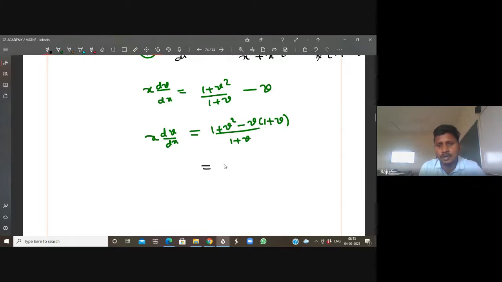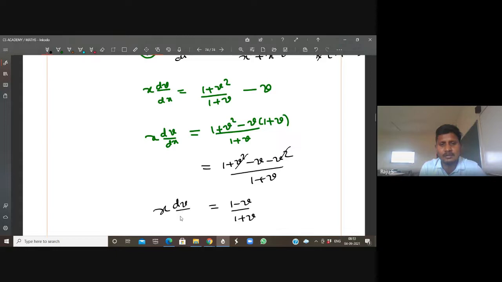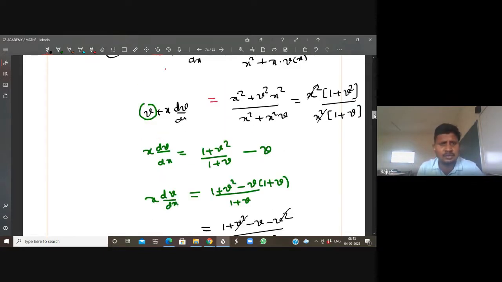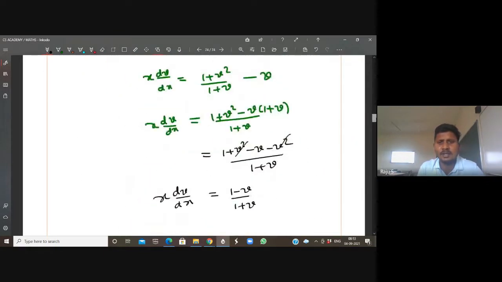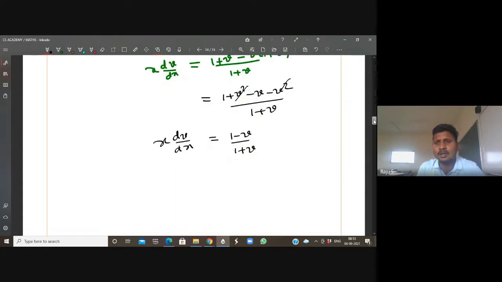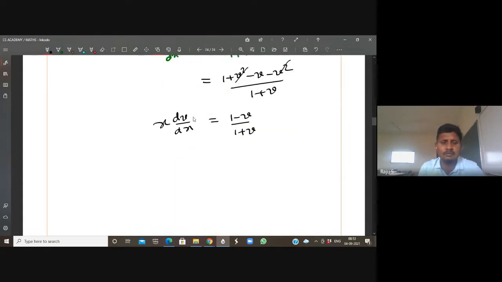When I multiply, 1 plus v square minus v minus v square by 1 plus v. Now when I cancel these, we get 1 minus v by 1 plus v. Left side is x dv by dx. In every question, on the right side we will get only a function in terms of v. Not only this question, in the entire exercise, after simplifying, we'll get the function in terms of v alone.